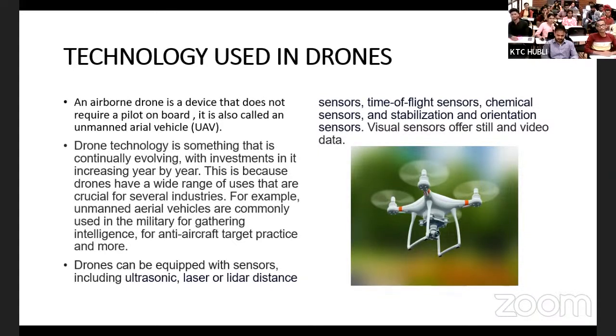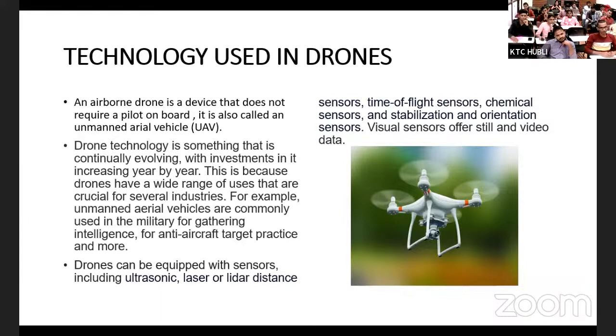Thank you, Samarth. I am Priyanka Patil from KTC Hubli. Now we'll see the technologies used in drones. An airborne drone is a device that does not require a pilot on board. It is also called an unmanned aerial vehicle. Drone technology is continuously evolving, with investment in it increasing year by year.